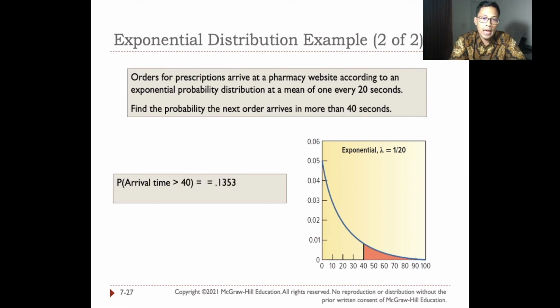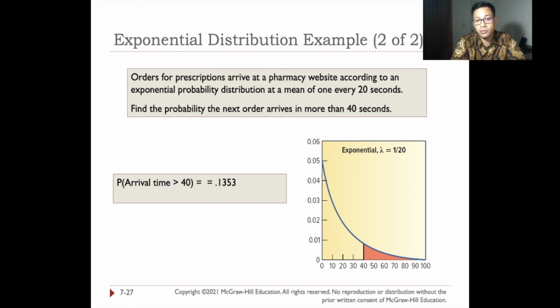Now we can also ask what's the probability that the arrival time is going to be more than 40 seconds. So in this particular case, we're going to find the probability that the next order arrives in more than 40 seconds. The probability of arrival time more than 40 is going to be e to the power of negative lambda, which is 1 over 20th, times x, which is 40.